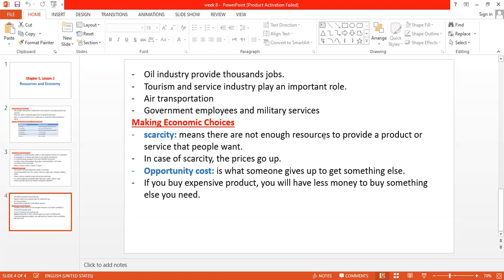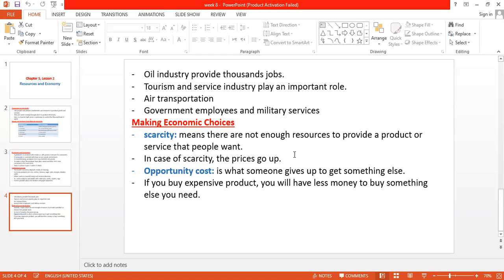In case of scarcity, what happens? If your country has scarcity, of course the prices will go up. How, Mrs. Mayada? You know that Saudi Arabia has a scarcity in water, so water in Saudi Arabia is very expensive. All the European countries, I told you, have scarcity in oil, so oil and petrol in European countries are very, very expensive.